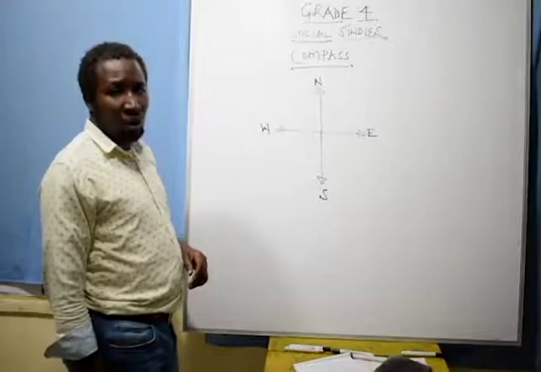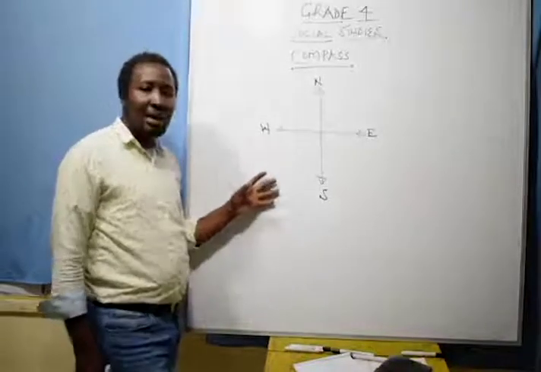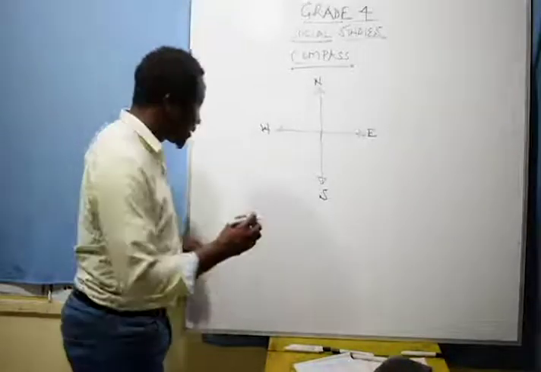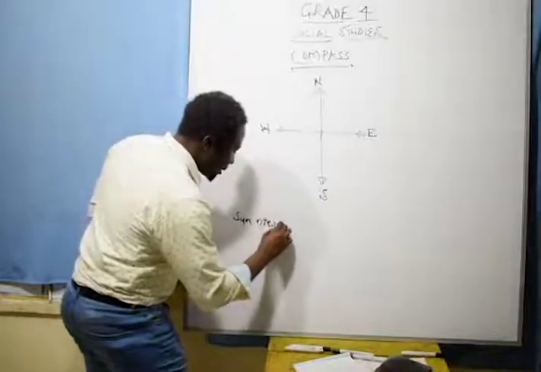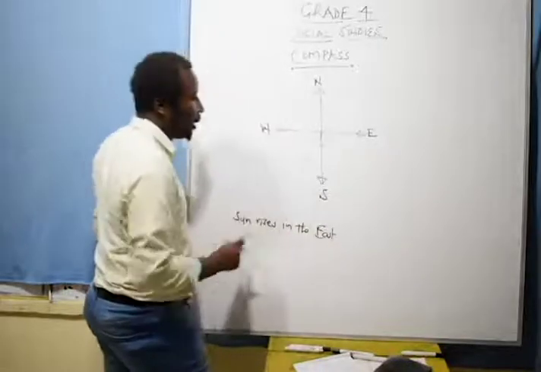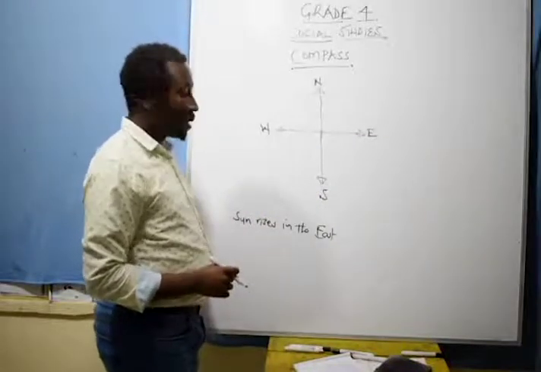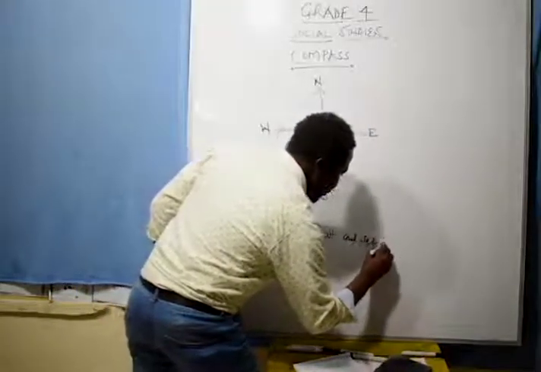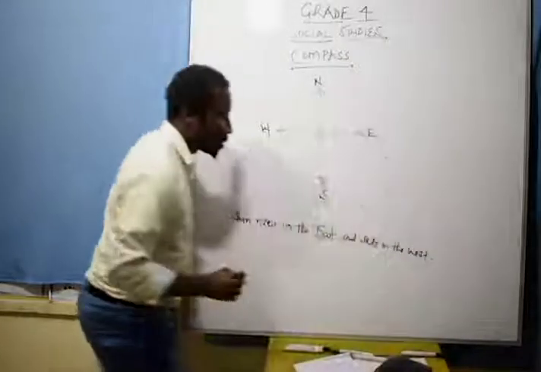Now, there is something that is very important that we need to understand. The sun always rises in the east. So the sun rises in the east and sets in the west.